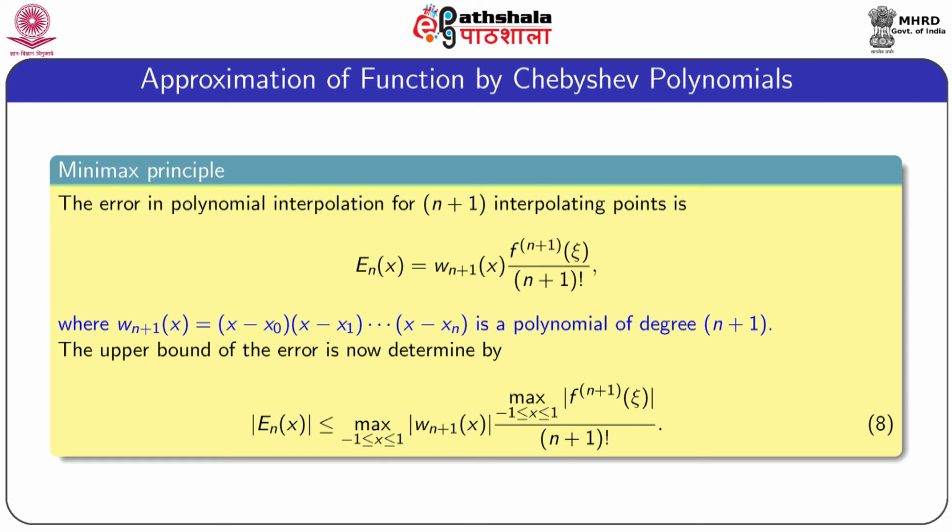Now, it is obvious that the upper bound of the error can be determined by the following expression, that means the absolute value of the error En(x) is less than or equal to the maximum over the interval -1, 1 of the absolute value of W(n+1)(x) into the maximum value over the interval -1, 1 of the (n+1)th derivative of f at xi by factorial n plus 1.